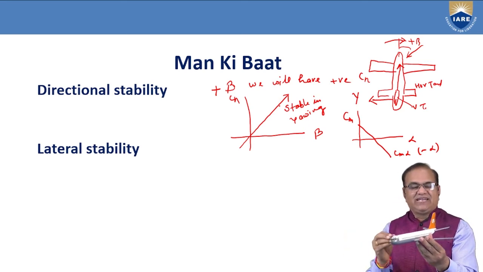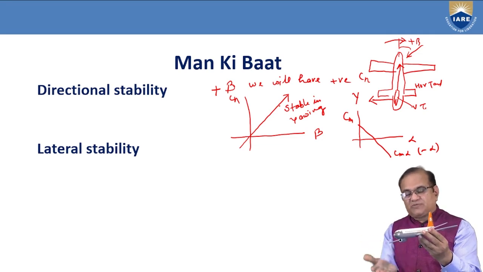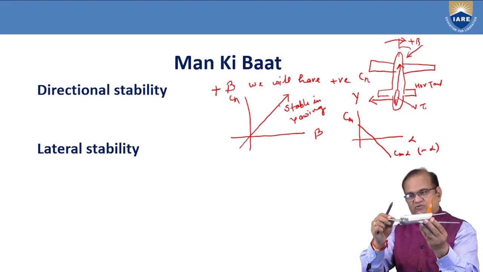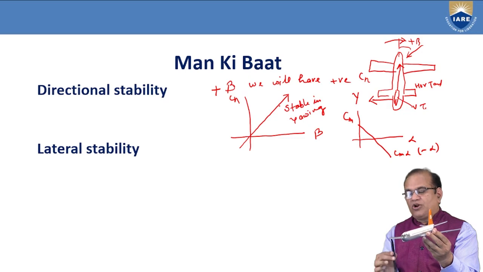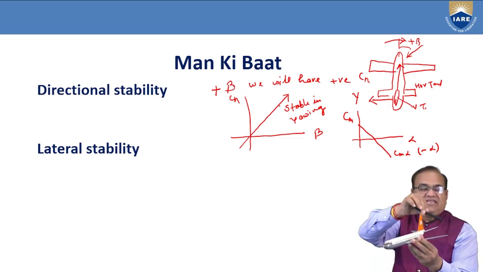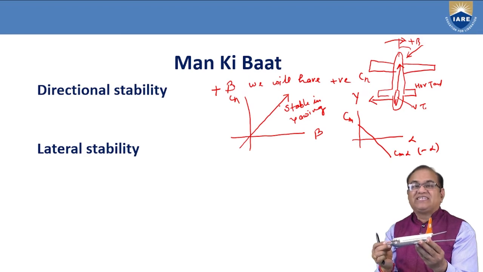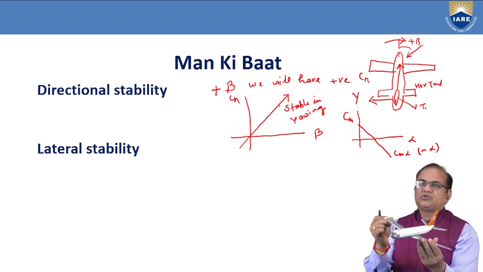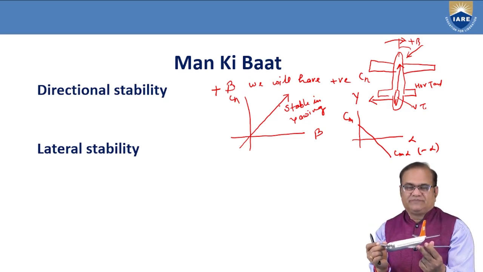As and when the right wing is going down, it is experiencing more airflow from the bottom. Because it is going like this, the right wing will experience more relative wind than the left wing. So this wing itself acts as a stabilizer for the lateral case, and it will try to push the aircraft again to the same location.